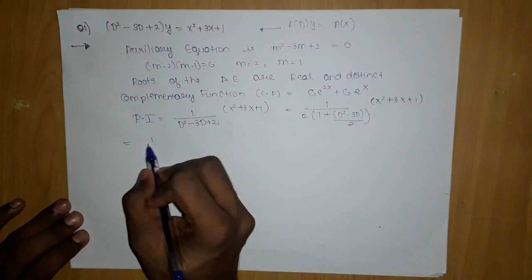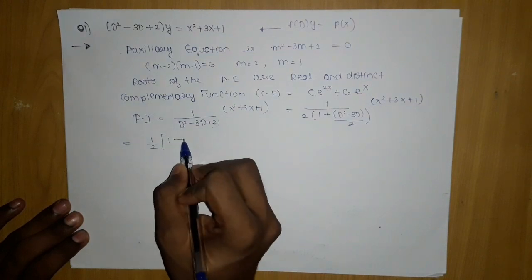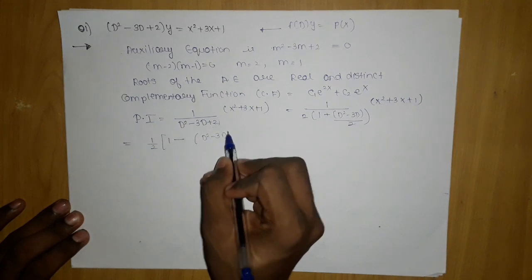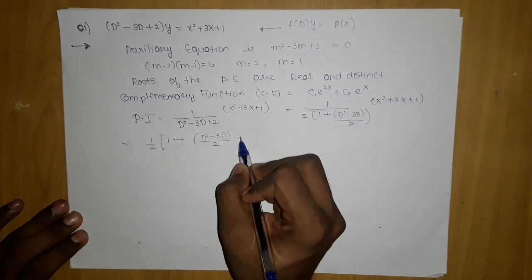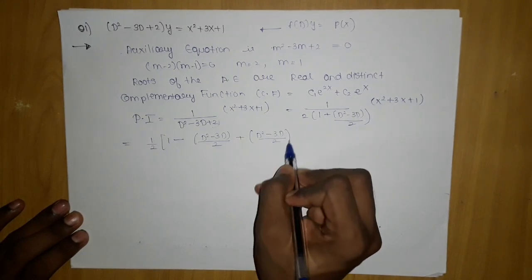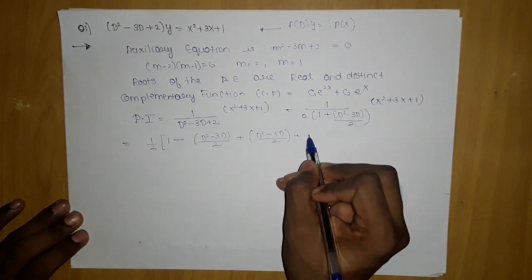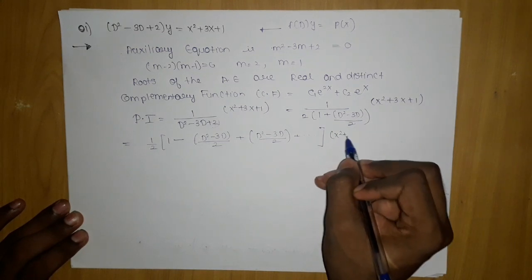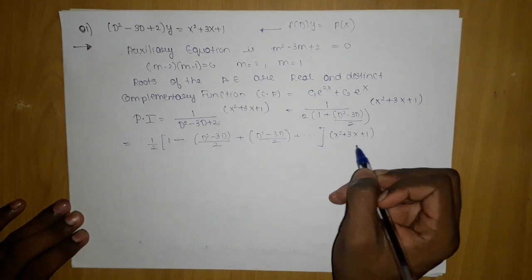So let's try to write it. 1 minus x, x is what? (D square minus 3D) by 2 plus ((D square minus 3D) by 2) whole square. If I write it ahead, there will be cubic terms which will not be required, so I am not going to write them, just keep it as it is.